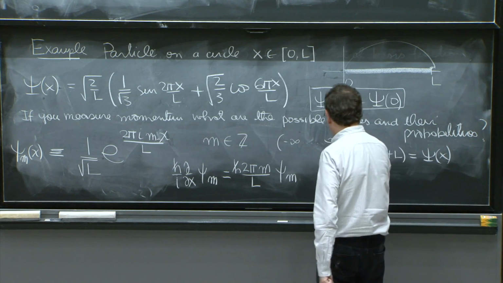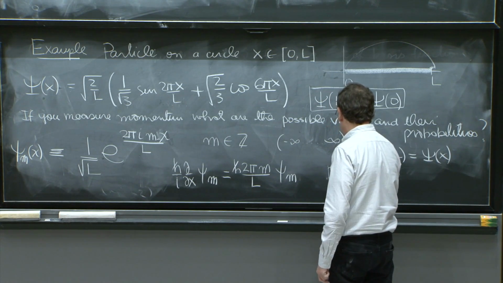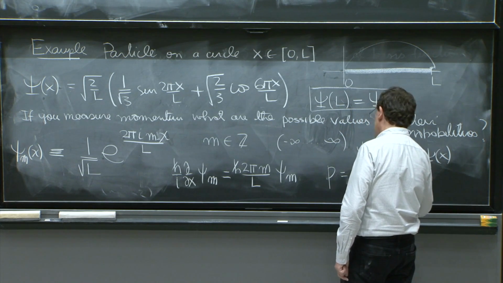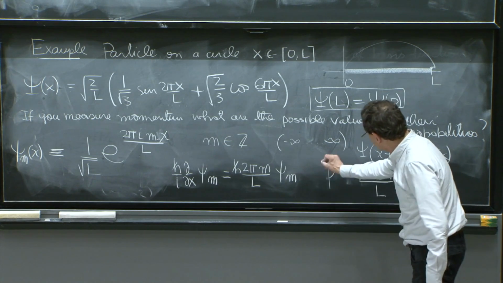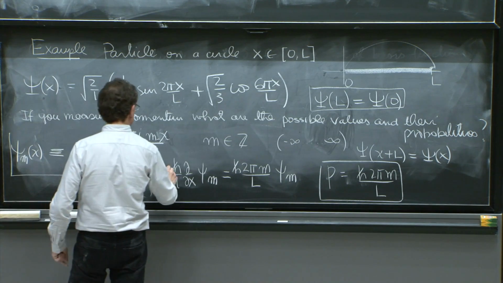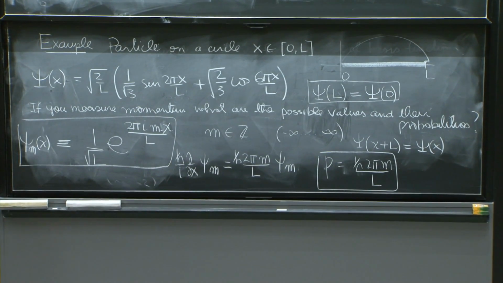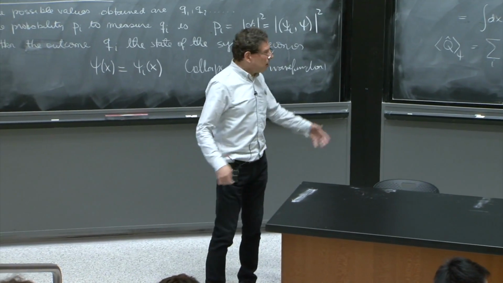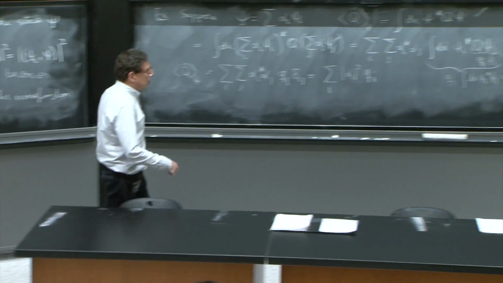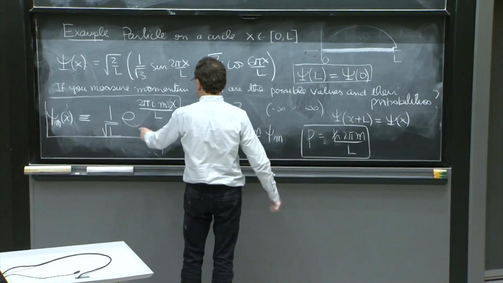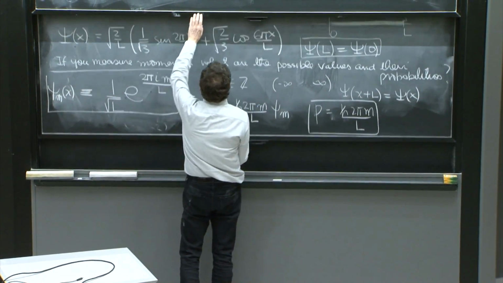So this is a state with momentum p equals h bar 2 pi m over L. Actually, in doing that, we've done the most difficult part of the problem. You've found the momentum eigenfunctions. So now the rest is to rewrite this in terms of these objects.